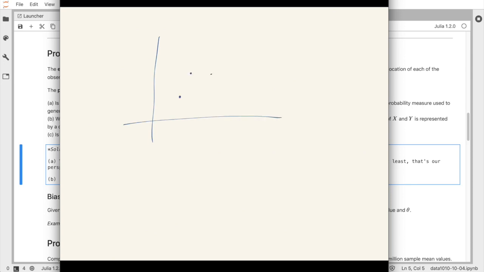If we get some observations from the joint distribution on x comma y, and we concentrate a probability mass 1 over n at each of those observations, and then we set out to estimate the conditional expectation of y given x, then what's going to happen is that whenever we take a vertical slice, most of the time it's not going to hit any of the points. So there's going to be no probability mass on that line. So it's going to be impossible to form any sort of meaningful conditional expectation.